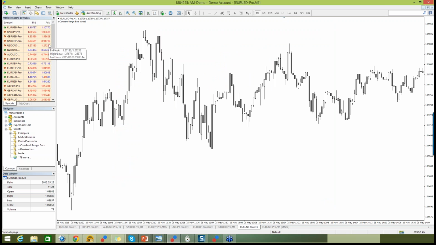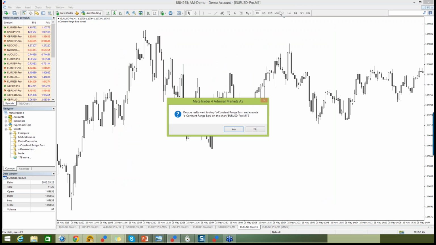Then after you restart and open your platform again, you will see constant range bars in your scripts folder. Pull your constant range bars like this. Press the left mouse button, click on constant range bars and pull it over to your M1 chart. It's very important to have M1, because the offline chart will read the information from this standard time frame chart, okay?